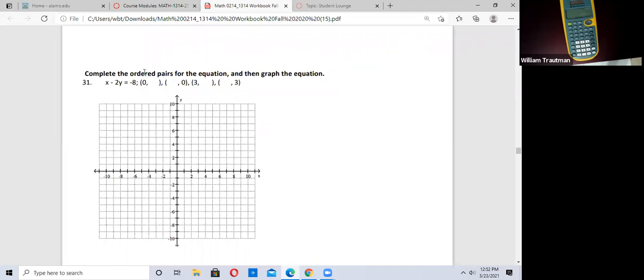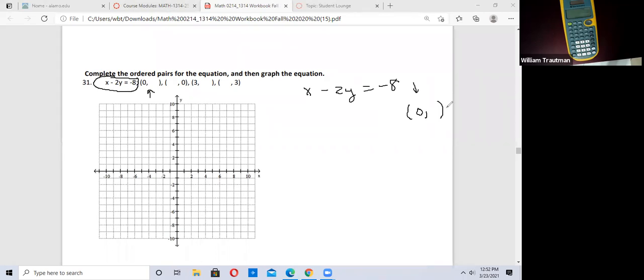All right, so here's the equation. And I'm gonna put it over here, x minus 2y equals -8. And the first part is this: complete the ordered pair. What is this ordered pair telling me?